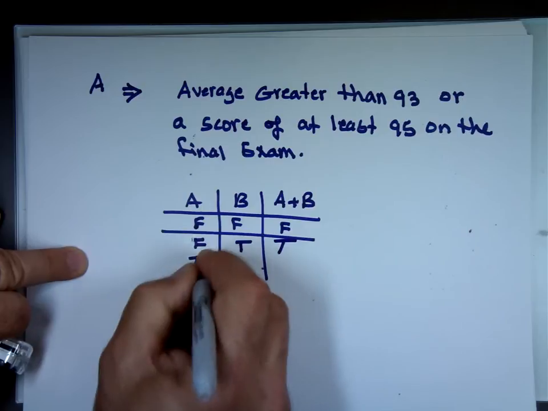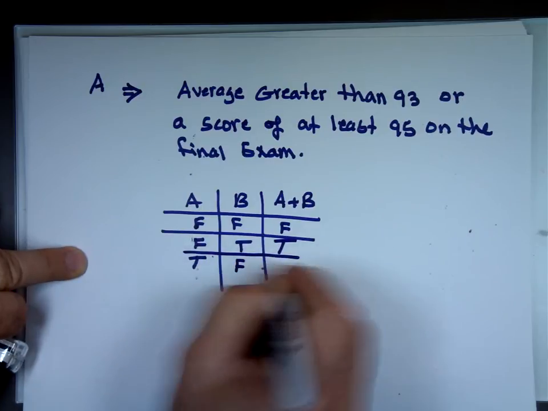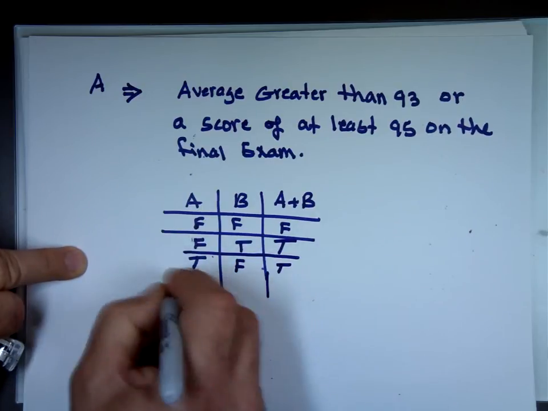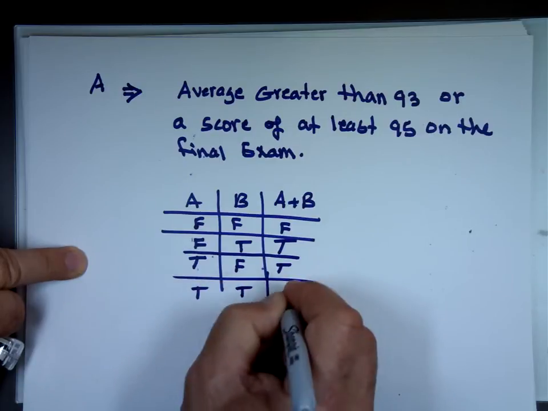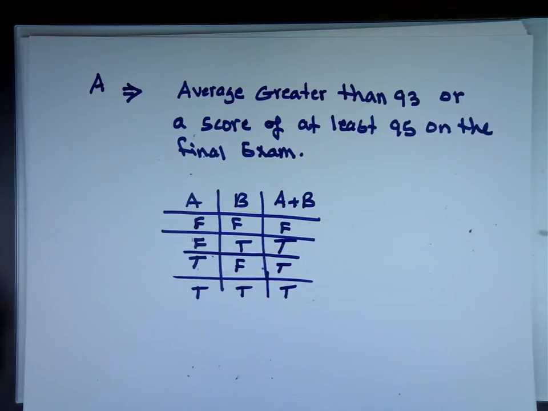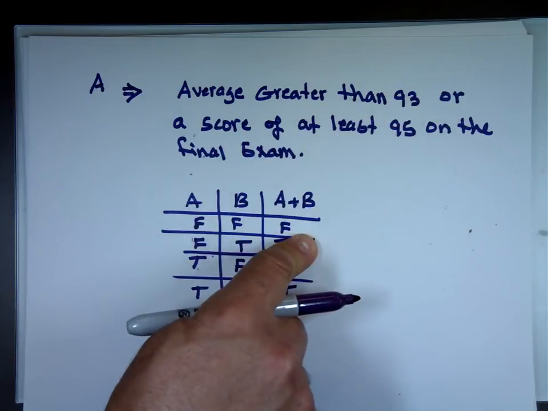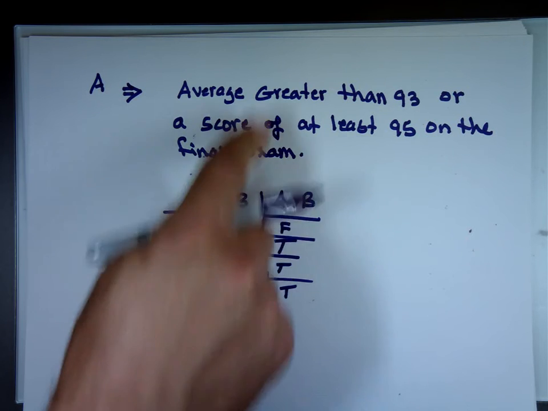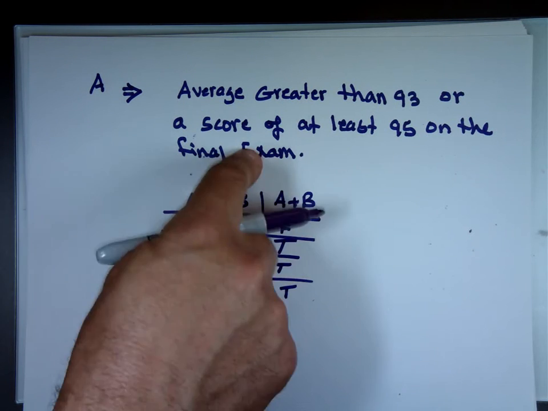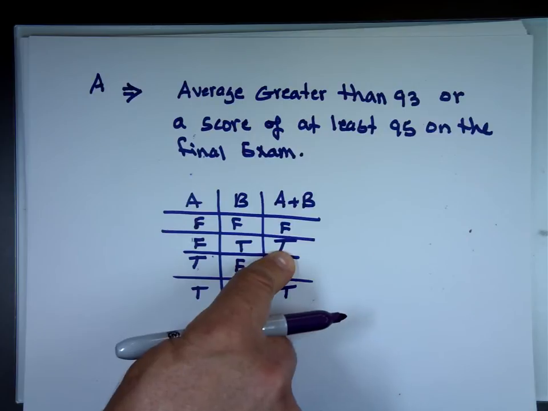True and false is true. And if they're both true, you met both conditions, that's still true. So if this condition was false and this was false, your final answer is false. That means you're not getting an A in the course. But if one of these conditions is true, I have to give you the A. If they're both true, I have to give you the A.